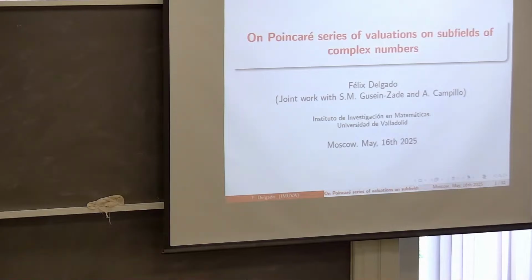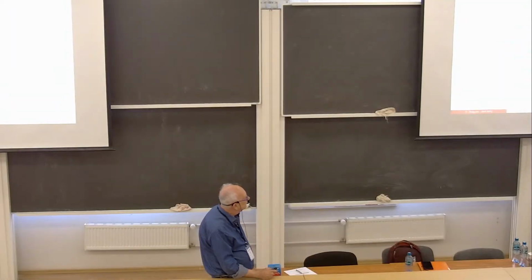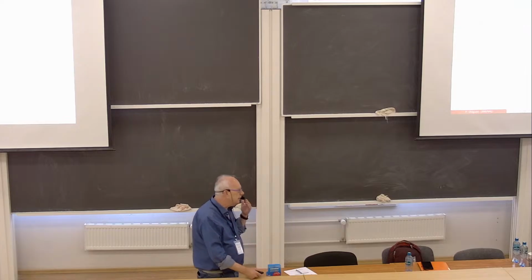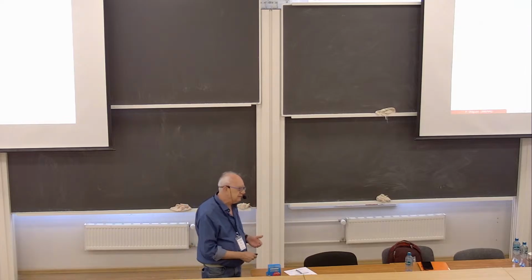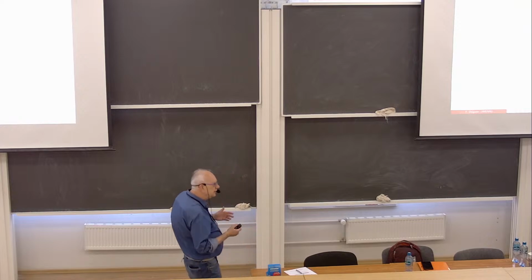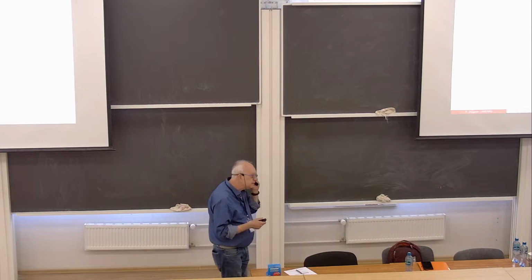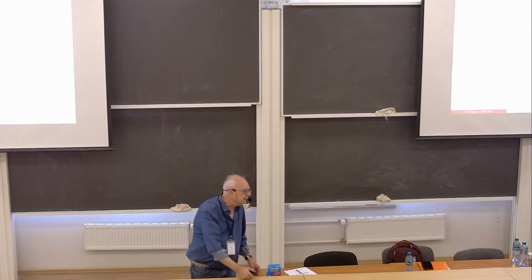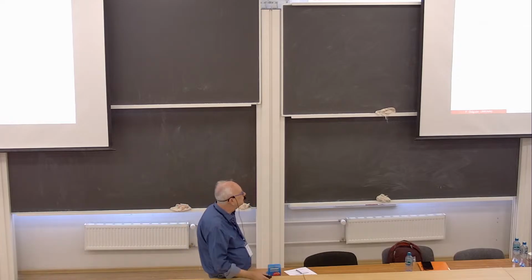But for me, it was a pleasure, not only because Sabir is a great mathematician and a good collaborator, but mainly because he is a great person and friend. And during these first 30 years, we developed a friendship which will continue.